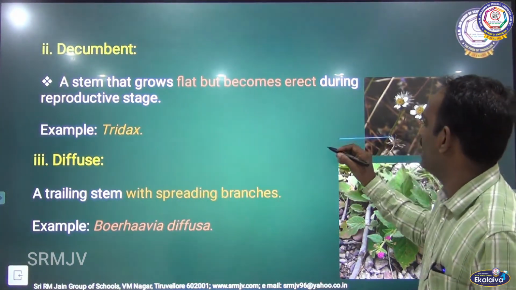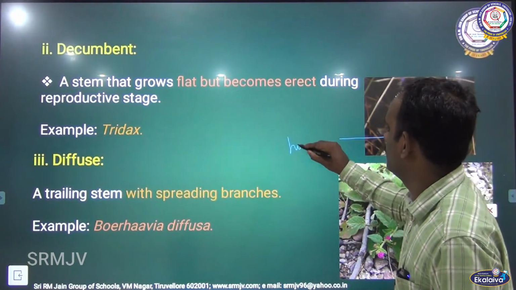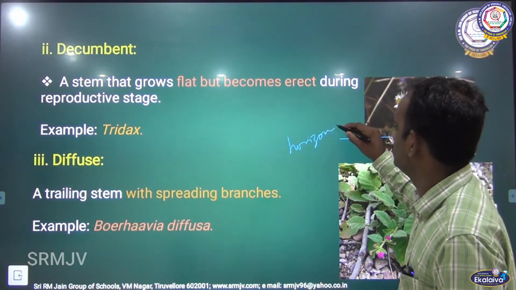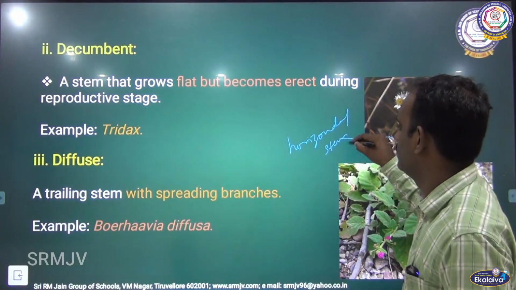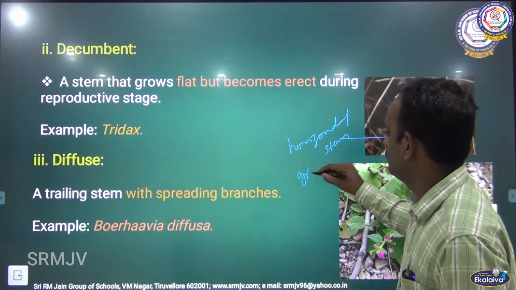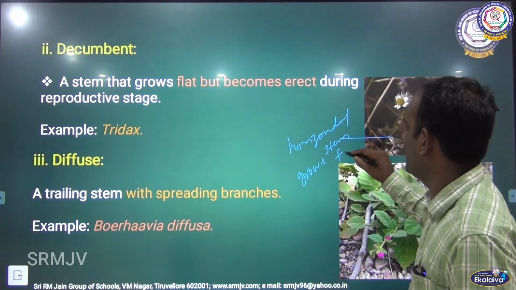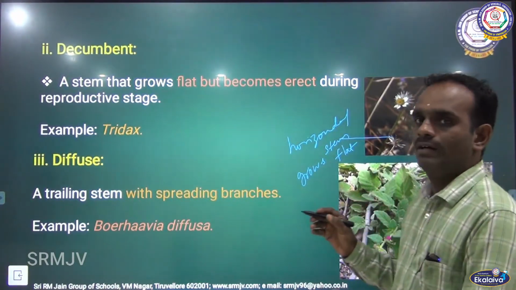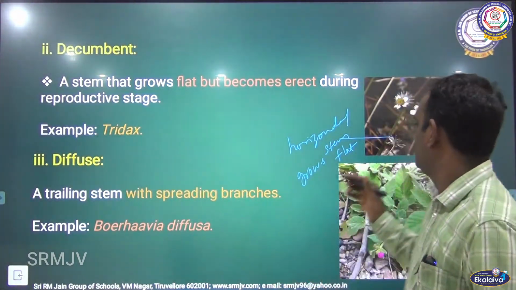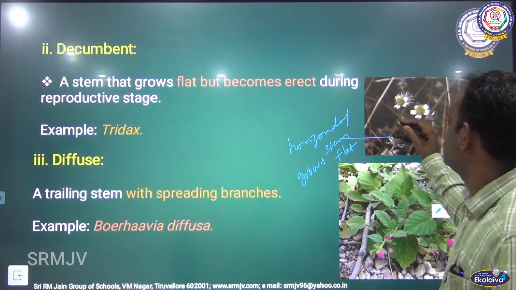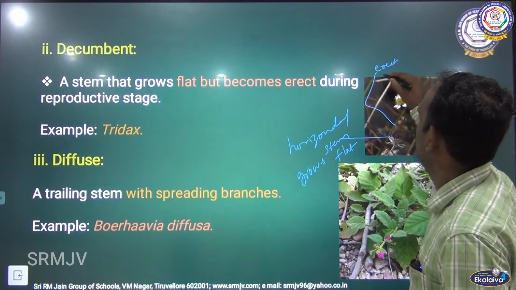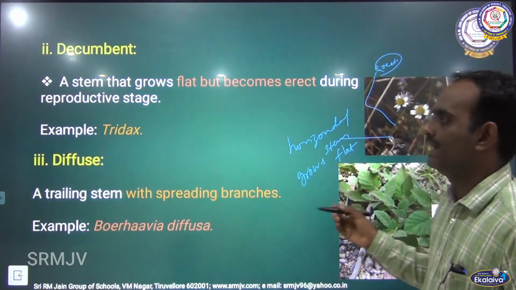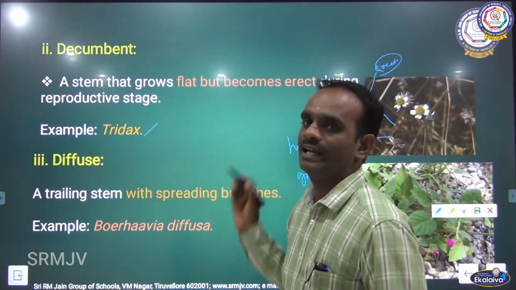This is a horizontal stem that grows flat on the ground. During the reproductive stage, it grows erect. Example for this decumbent is Tridax.